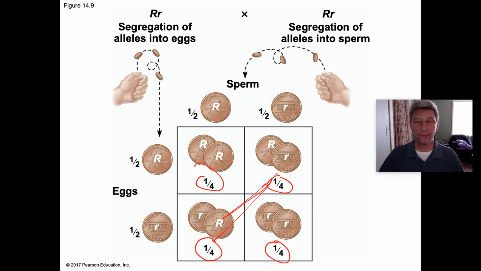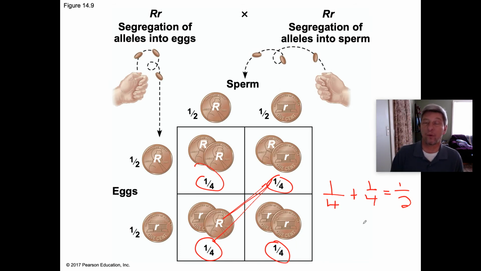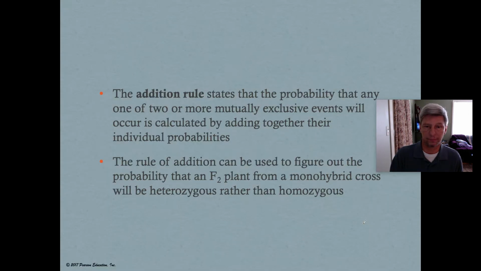And so the multiplication rule gives you all of the numbers that you see circled here, but the addition rule is shown by 1/4 plus 1/4 equals 1/2. So you got a 1/4 chance of being homozygous dominant, a 1/4 chance of being homozygous recessive, and finally a 1/2 chance of being a heterozygote.